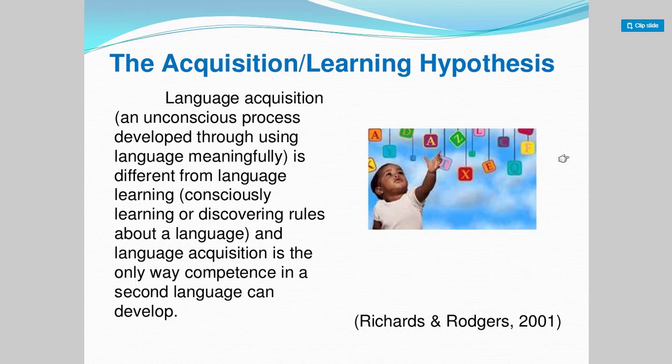Therefore, it says here from Richards and Rogers, 2001, language acquisition is an unconscious process developed through using language meaningfully by stating, number one, commands. Example: open the door, bring me the food, please give me money, please repeat.